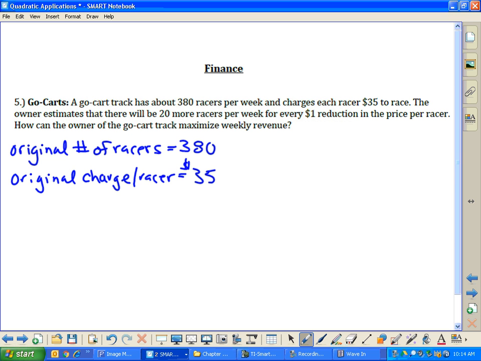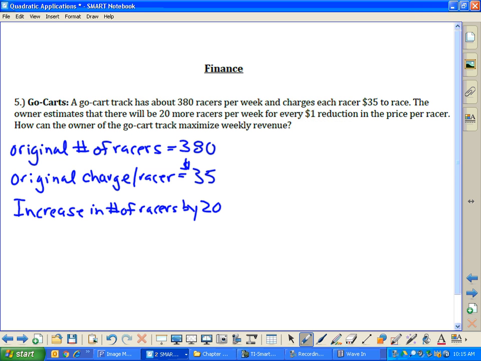What else? Dom. There will be 20 more racers per week for every $1 reduction. Okay. So we have an increase in the number of racers by 20.